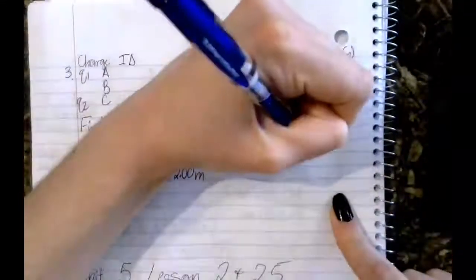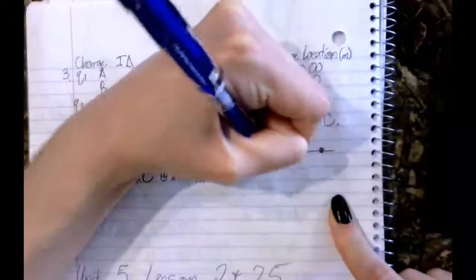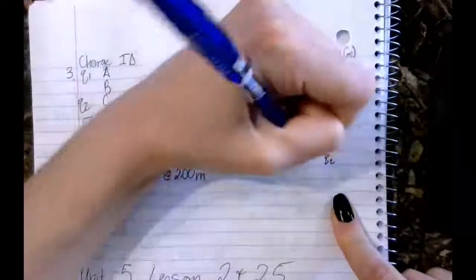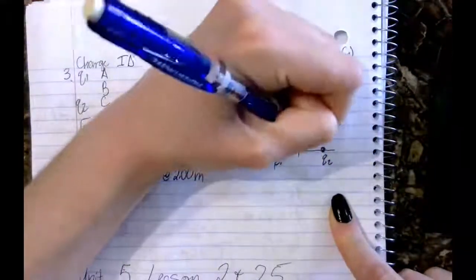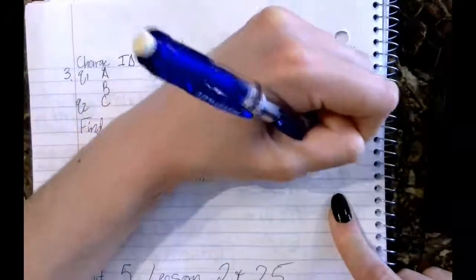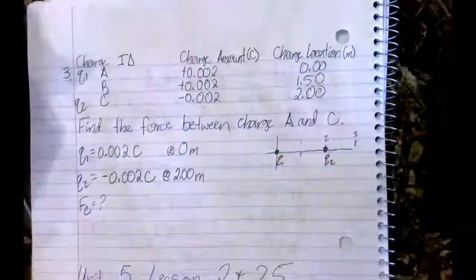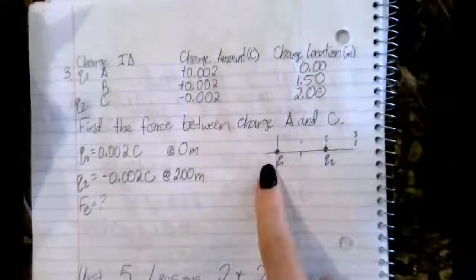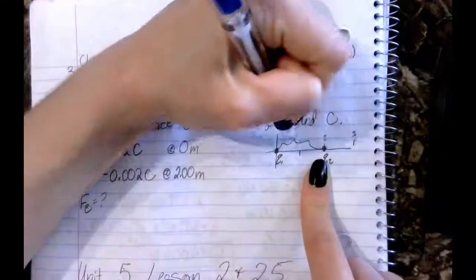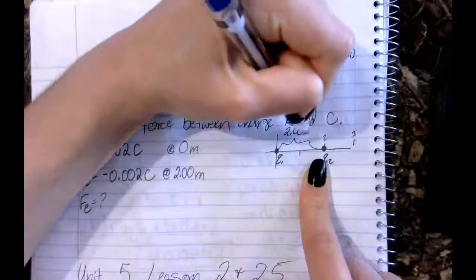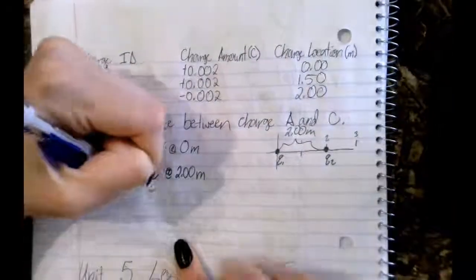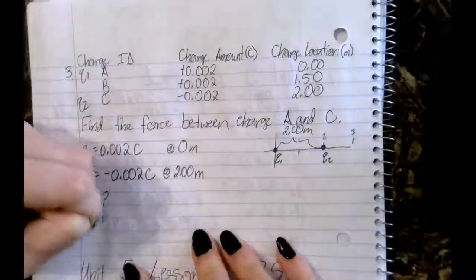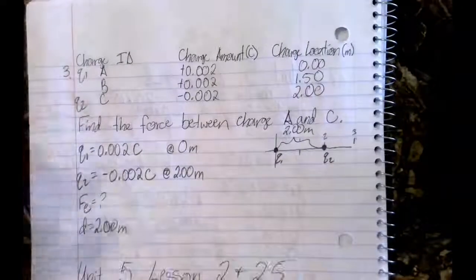So I've got charge 2 all the way over here at 2. 1, 2, and then, like, you know, this would keep going, so 3 would be over here. So the distance between Q1 and Q2 is exactly 2 meters. So I know my distance here is 2.00 meters.